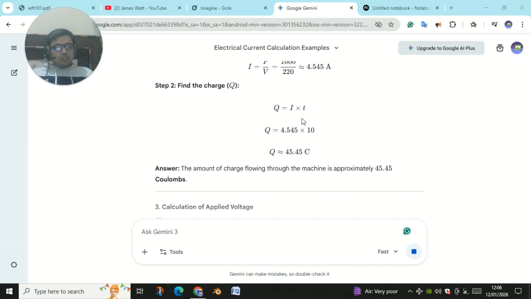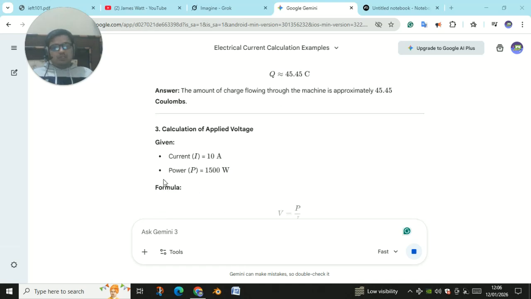Find the charge Q. Q is equal to I into T. Q is equal to 4.545 into 10, which is 45.45 C. The amount of charge flowing through the machine is approximately 45.45 coulombs.